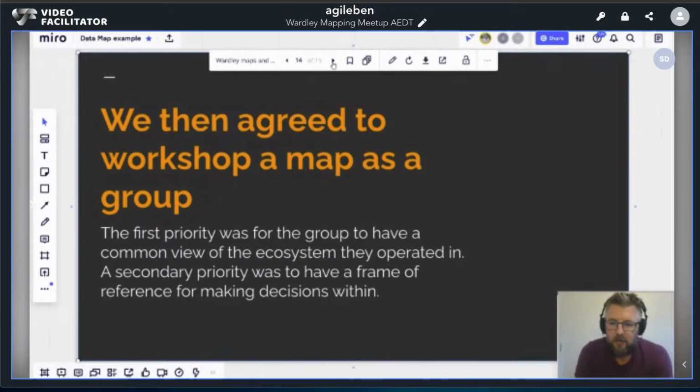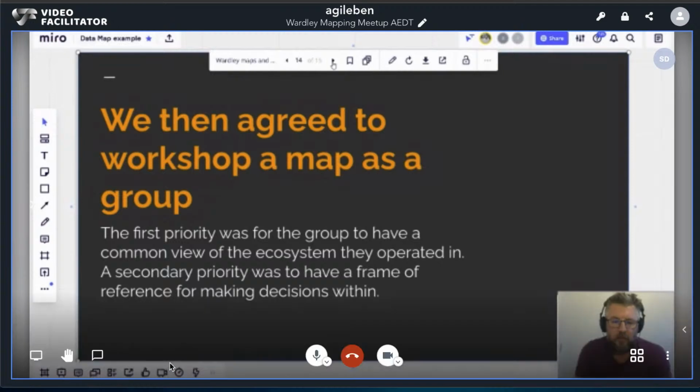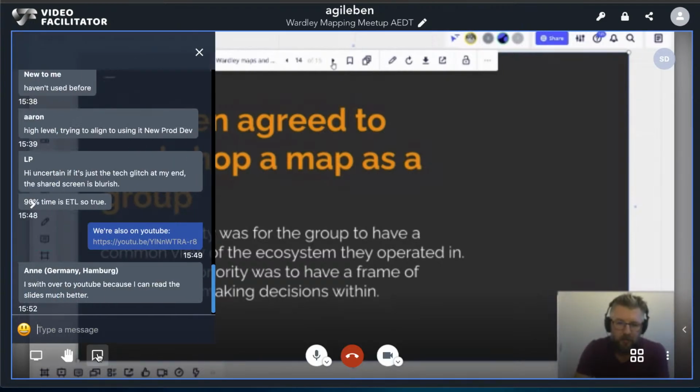And so I'm about to switch into the actual maps themselves, and we'll walk through the different parts. But what you'll see is a version that's pretty similar to the map we worked on as a group, working through this data ecosystem problem.